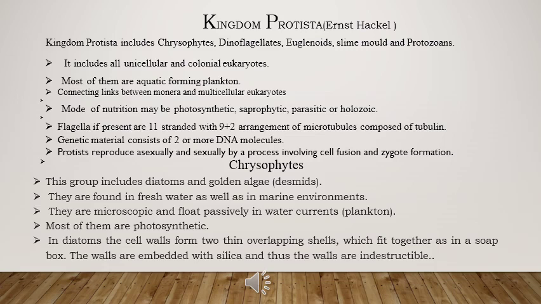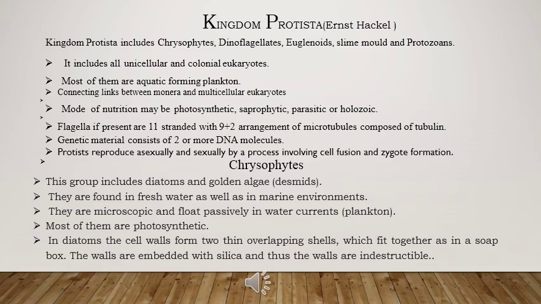Saprophytes survive on dead and decaying organisms, parasites can survive on a living host, whereas holozoic convert complex food into the simplest form before absorbing it. For locomotion, it has flagella that are of standard arrangement, or you can say with 9 plus 2 arrangement of microtubules.